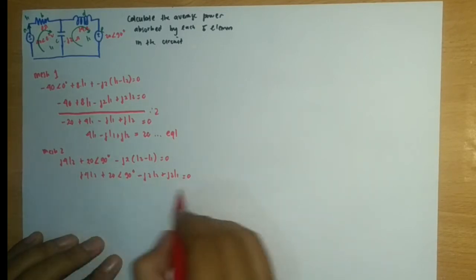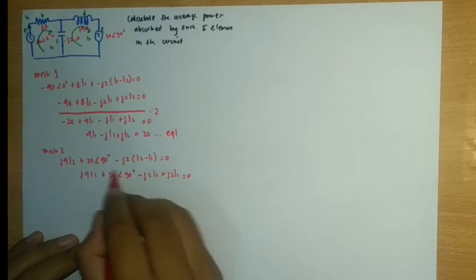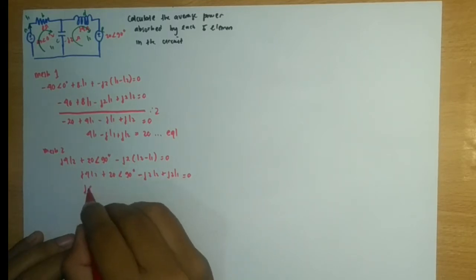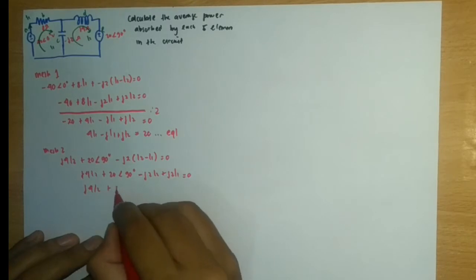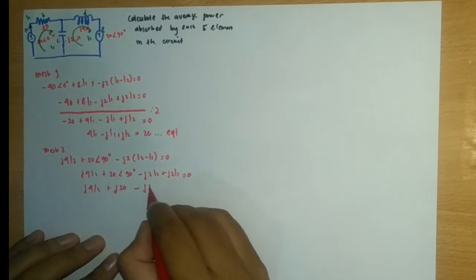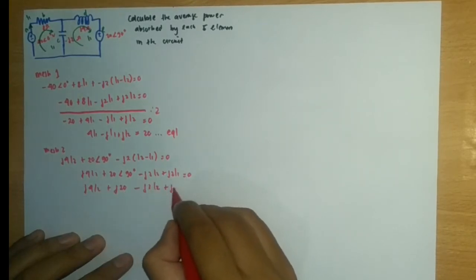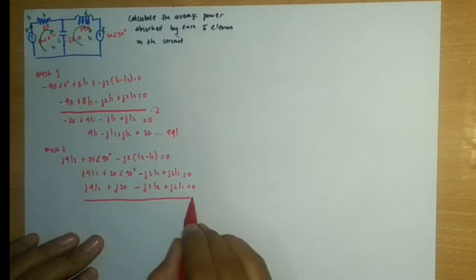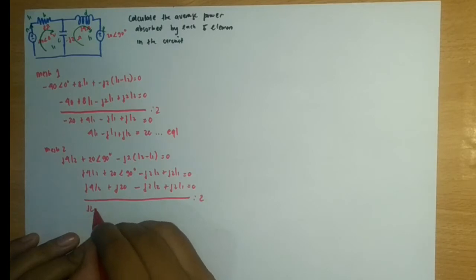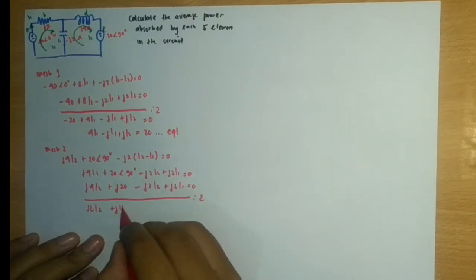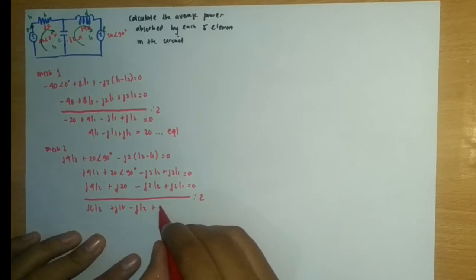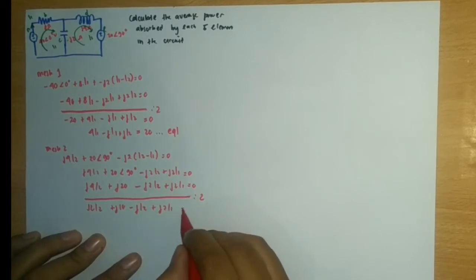We're gonna change it into a complex form. So we got j4 I2 plus j20 minus j2 I2 plus j2 I1, and we're gonna divide it by 2.